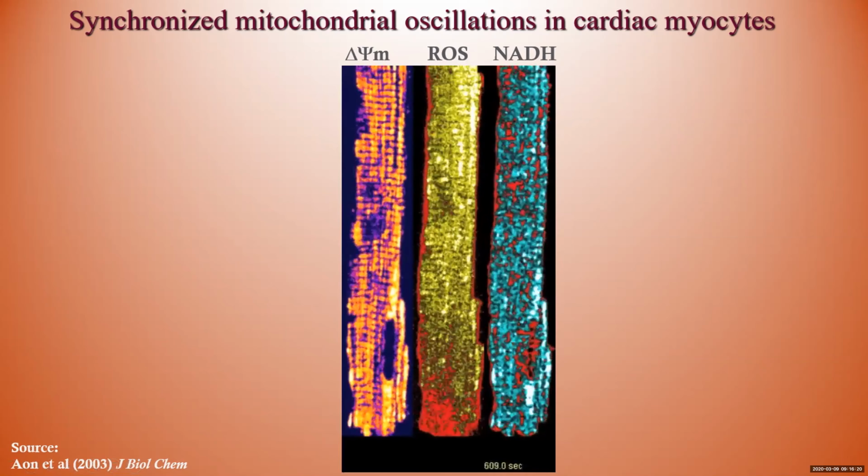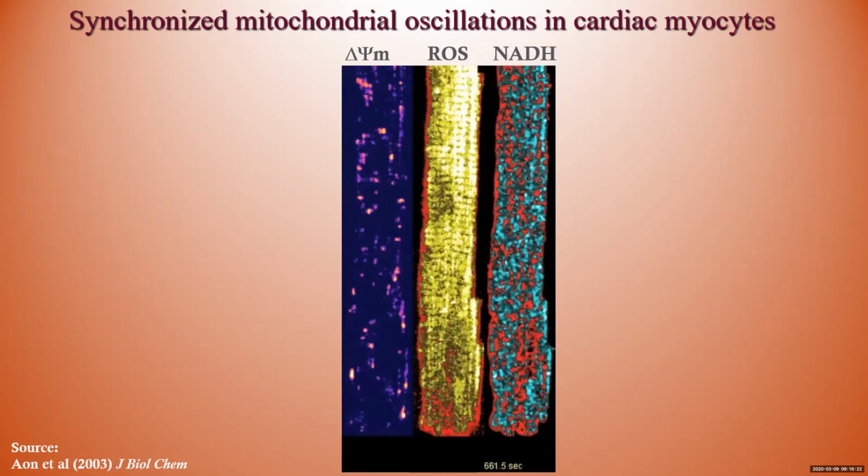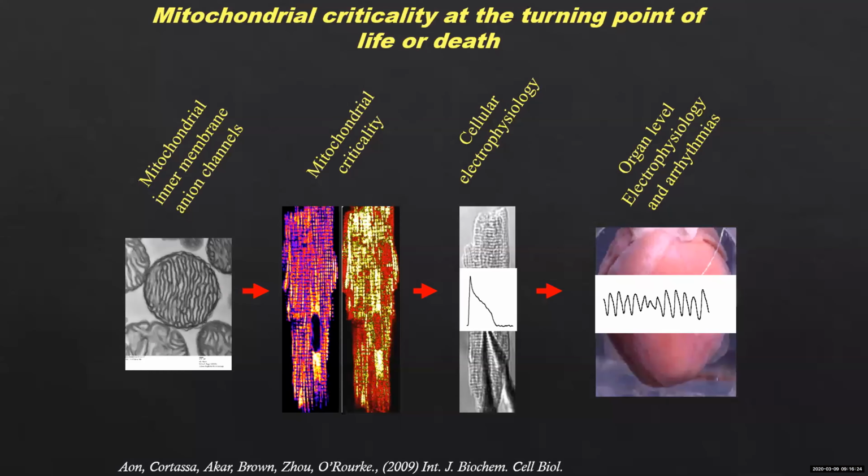From there, this phenomenon can escalate: it starts in the mitochondria, goes to the mitochondrial network, and then can reach the whole heart, producing arrhythmias.